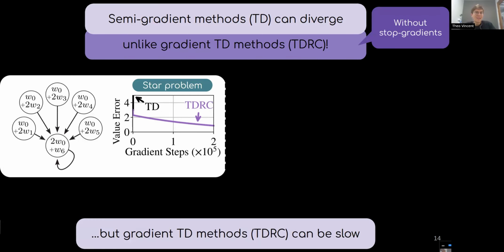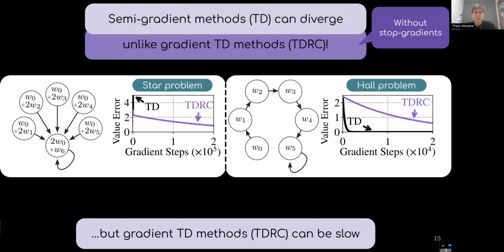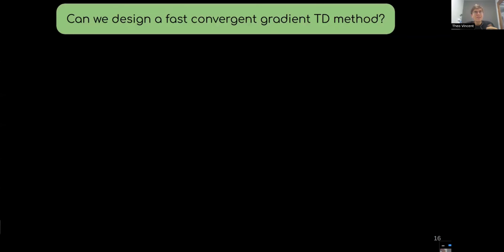Unfortunately, those methods can be slow to converge. In the same paper, the star problem was introduced to show that TD learning can learn much faster than gradient TD methods. So in this paper, we investigate the question of designing an algorithm that is fast, but also convergent.